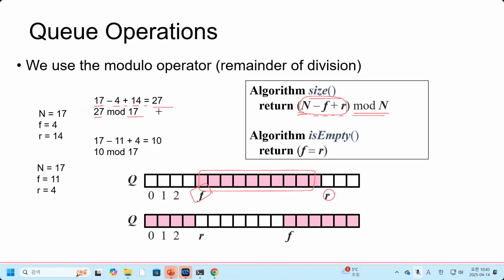What is it? 27 divided by 17 is 1, and the remainder is 10. So we have 1, 2, 3, up to 10. So the size is 10.